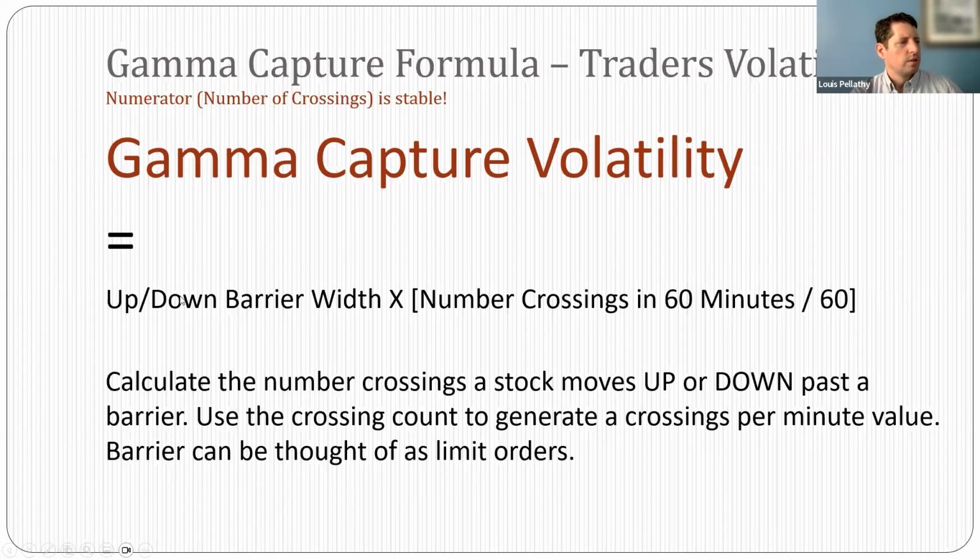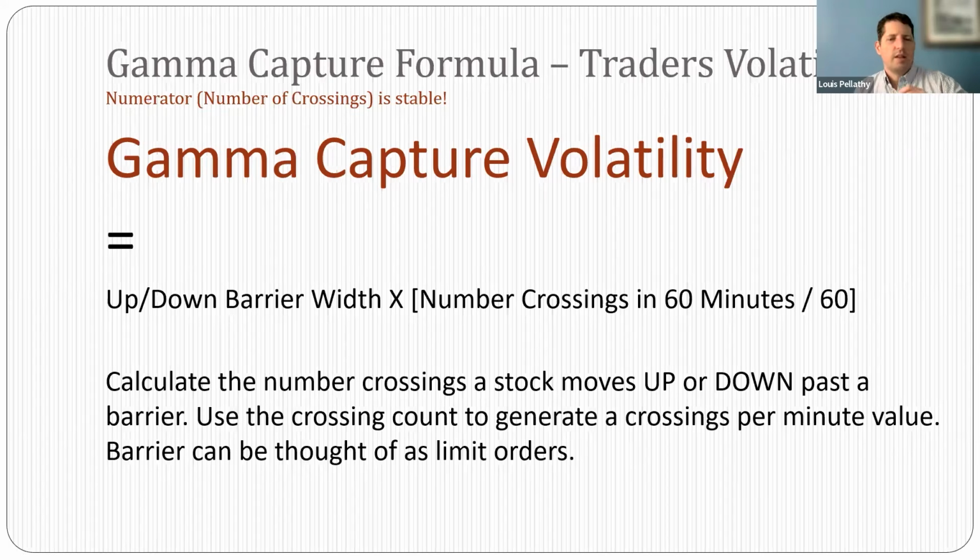What you're doing is you're picking a certain width from the current value of the stock. You want to say my width of my up-down barrier is 1/4% higher than this current value of the stock or 1/4% lower. And I'm going to move my barrier along. Every time I cross the upside, my barriers will then reset. So there's a new barrier.